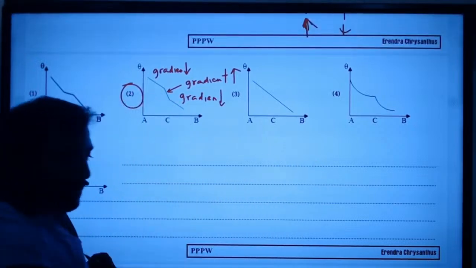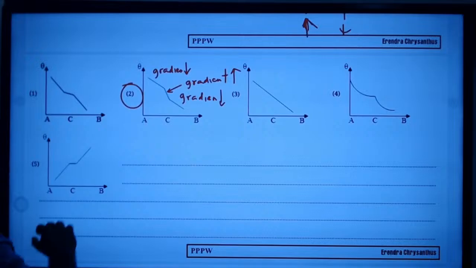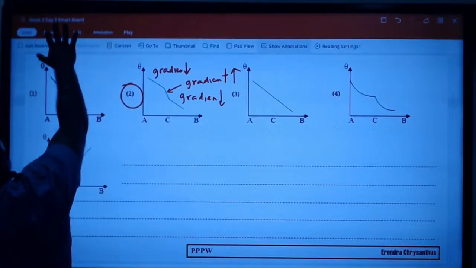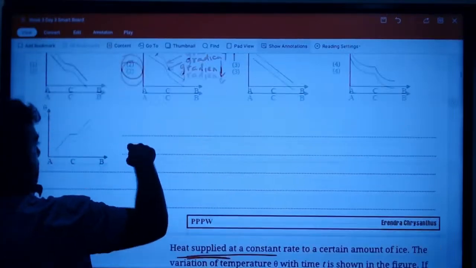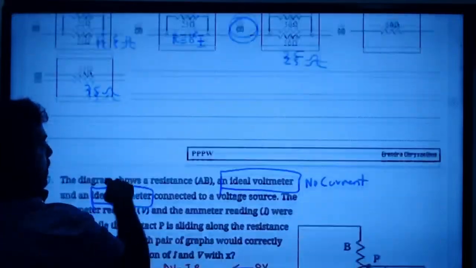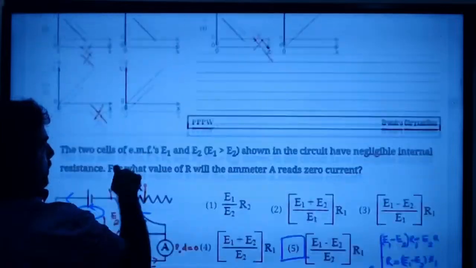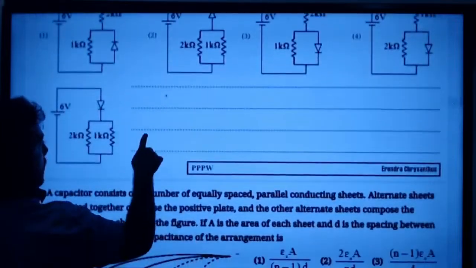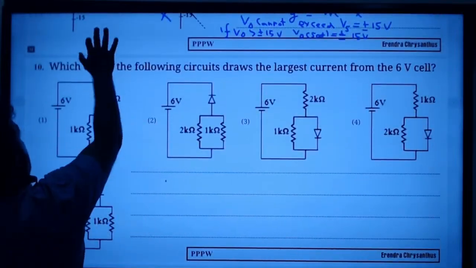Right, all of you can see this one? Okay. Let's go up.